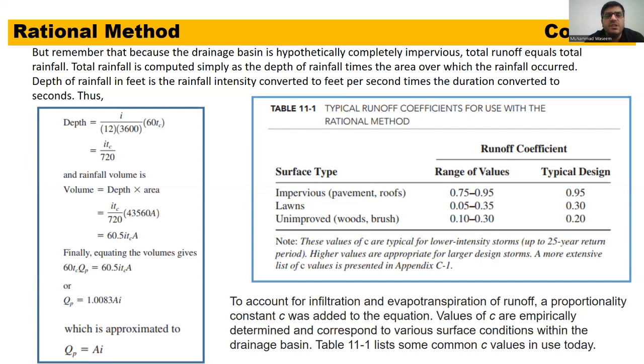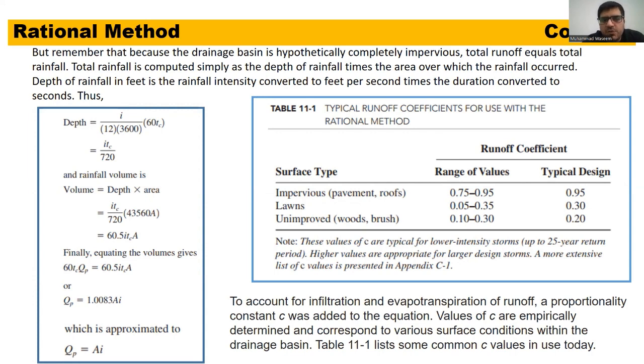Because here we haven't accounted for any losses. But we have already explained that to account for the losses, the runoff coefficient C was introduced. The value of C is from 0 to 1.